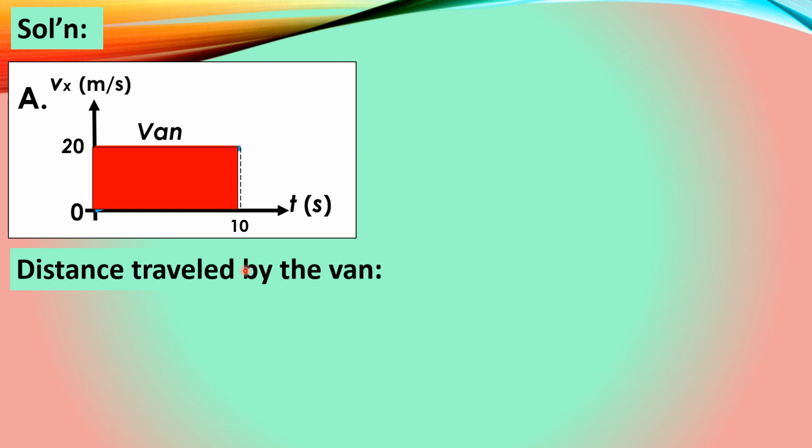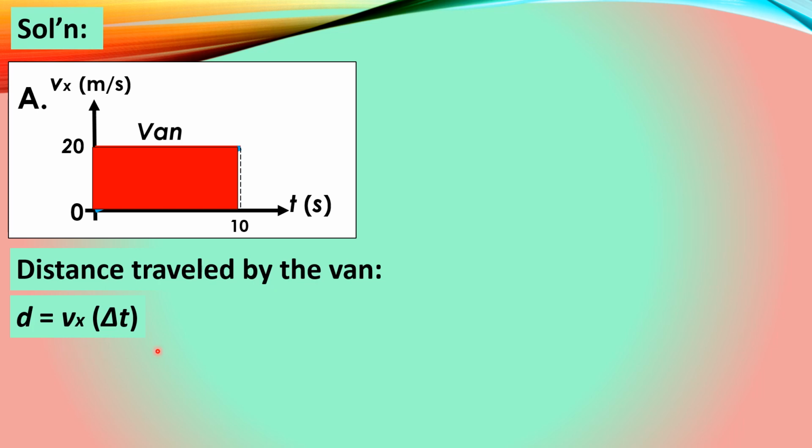Or this can be similar to finding the distance traveled equal to the change in time, or the elapsed time, multiplied by the constant velocity v. Right?